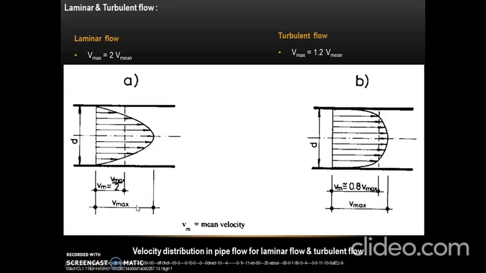So Vmax represents the maximum velocity. And mean velocity Vm can be calculated by dividing the maximum velocity by 2. And for turbulent flow, we observe that there is a friction being offered to the liquid till certain length and Vmax is at the center and mean velocity will be equal to 0.8 into Vmax.